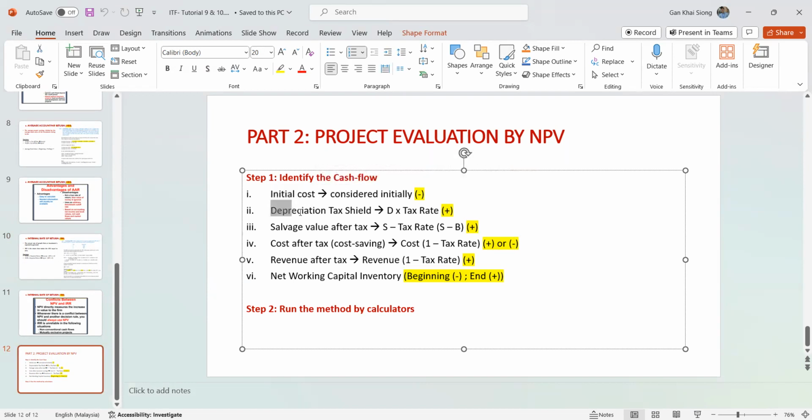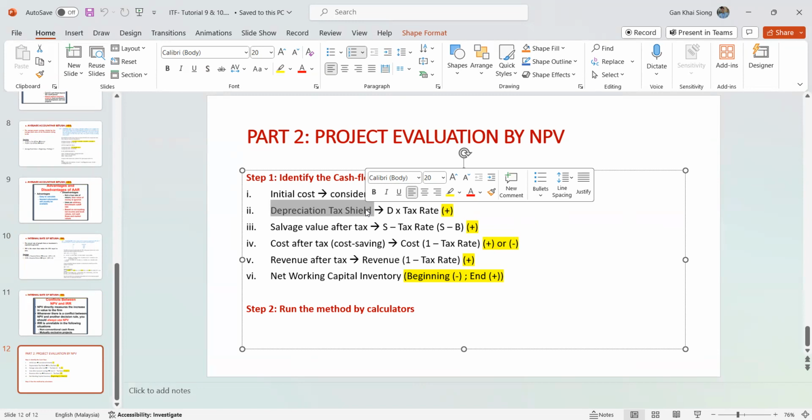Then followed by depreciation tax shield. What is depreciation tax shield? Shield is like protection, right? So depreciation tax shield means the tax saving part, the amount that you save from taxes because of recording the depreciation expense. Depreciation is an expense that is tax deductible.